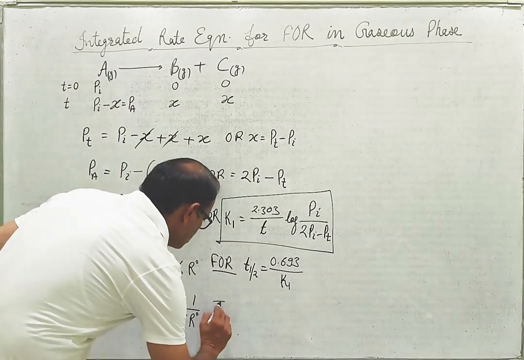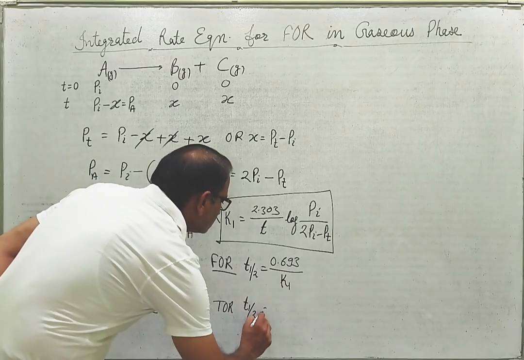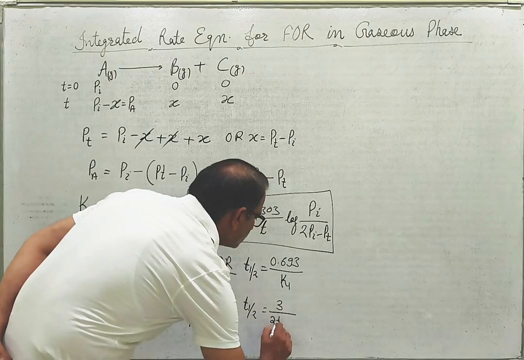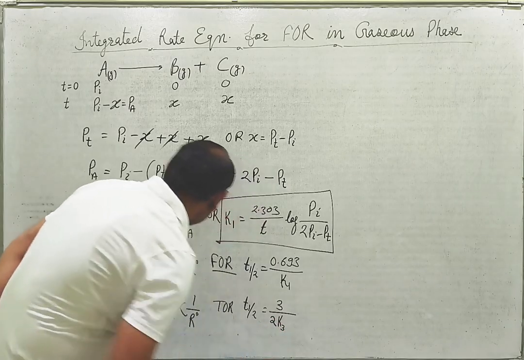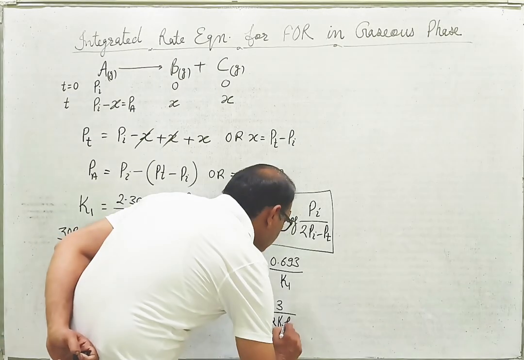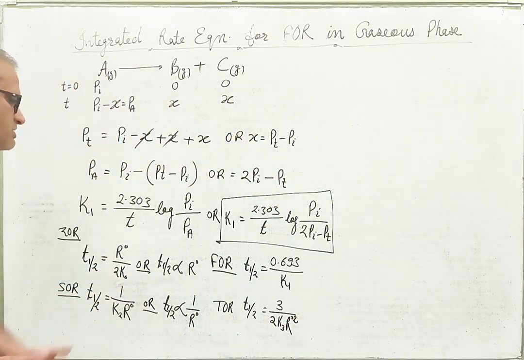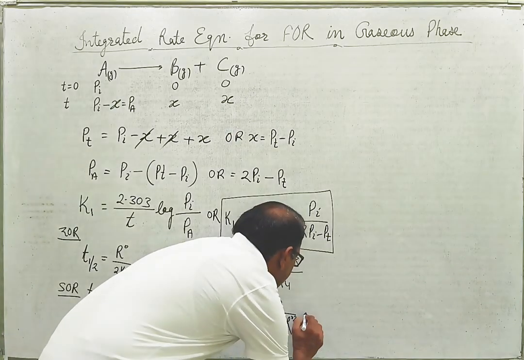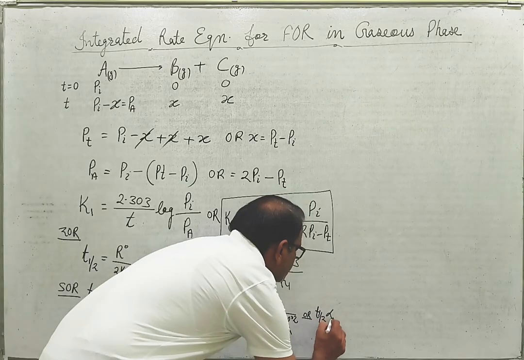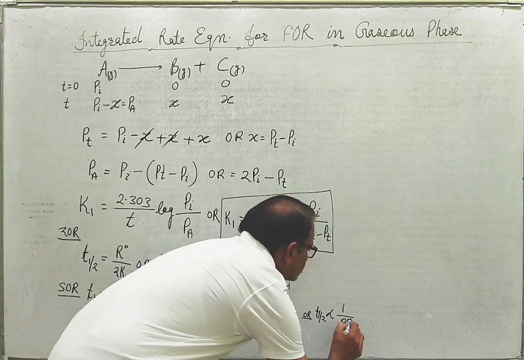For third order reaction, T half is equal to 3 by 2 K3 R naught square, where K3 means rate constant for third order reaction. It means T half for third order reaction is directly proportional to 1 by R naught square.